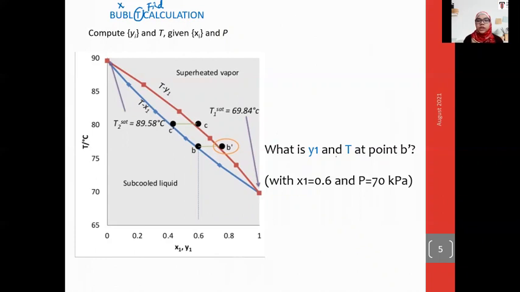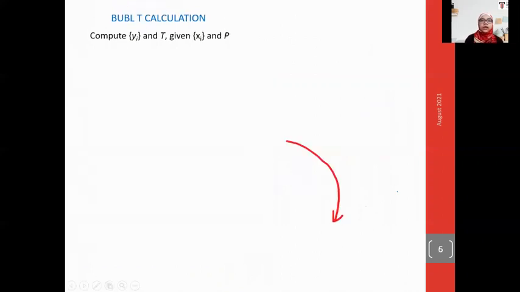So the question is, what is the y1 here? y1 is the vapor phase for component 1, and then we need to find the bubble temperature using y1 at 0.6 and P at 70 kilopascal.